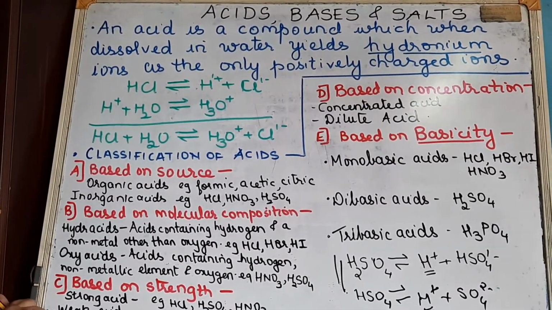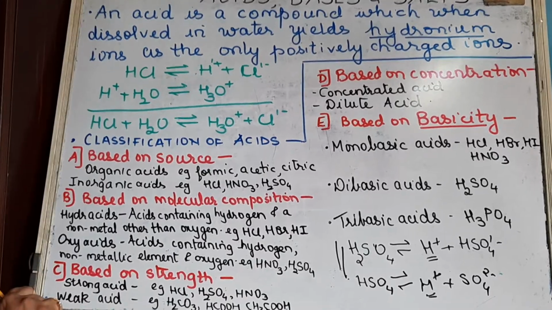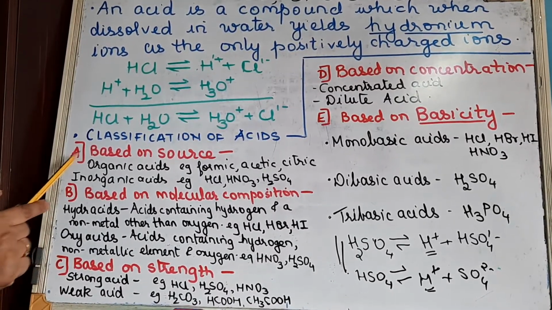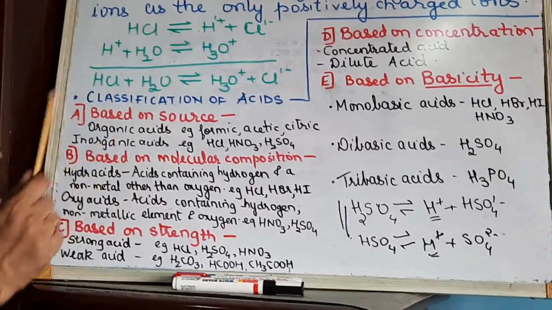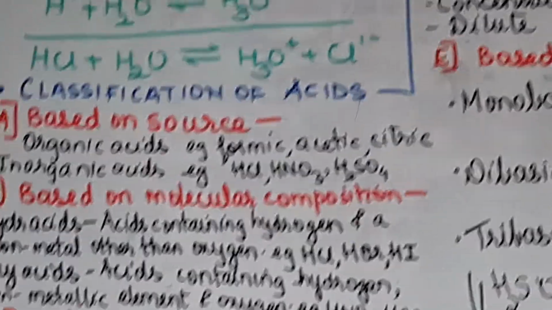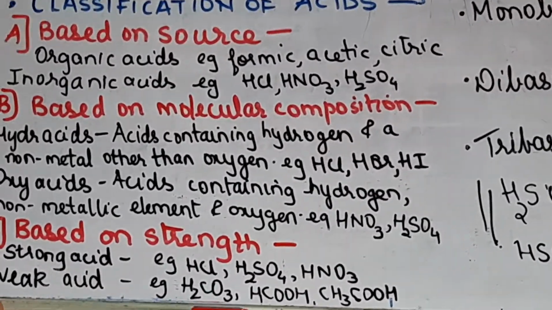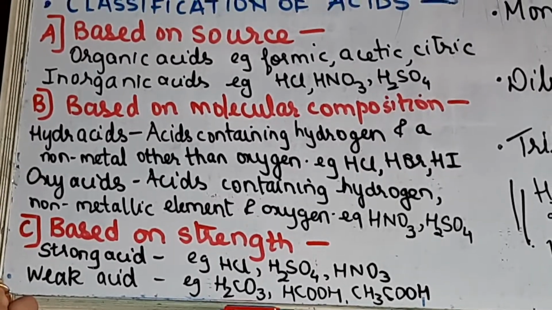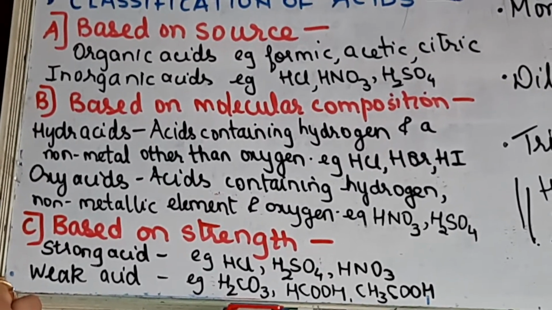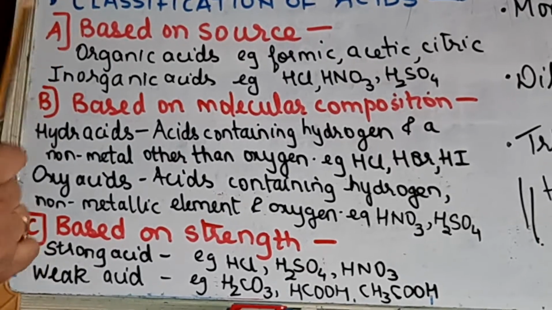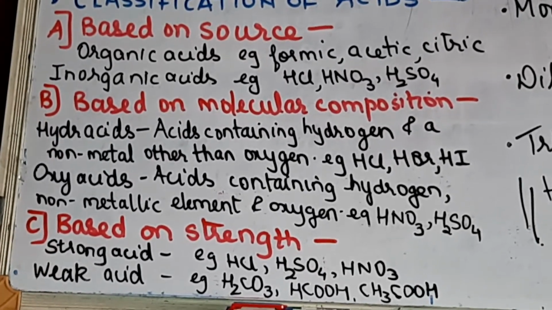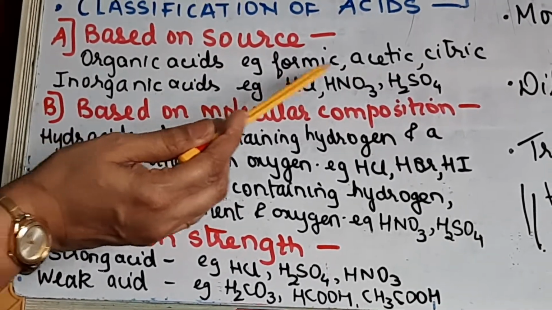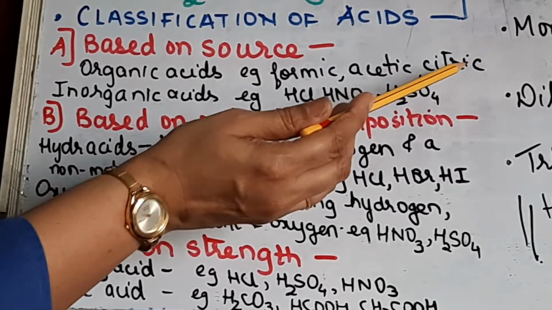Now let us see the classification of the acids. The first classification is based on the source. Based on source means whether the acid is obtained from an organic source, that is when it is obtained from plants or animals it is an organic acid, and when it is a mineral acid it is called an inorganic acid. So organic acids are formic acid, acetic acid, citric acid, tartaric acid.